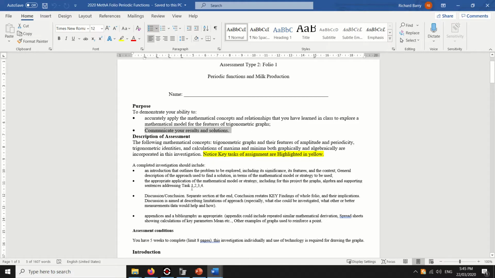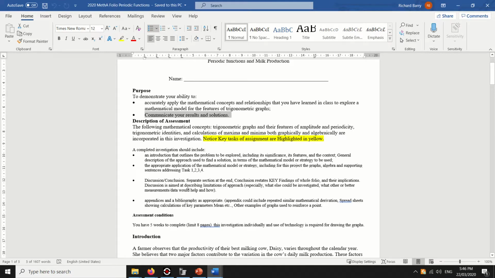So that's discussed through this section. This first page is basically what you're going to see in future tasks, outlining some of the things that are required. Due to current circumstances, we'll be discussing some of these aspects a bit later, but at this point we're looking to get started.